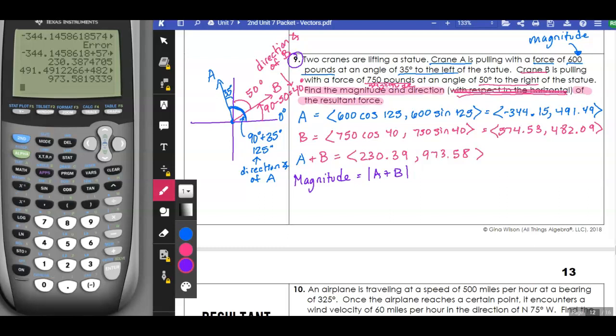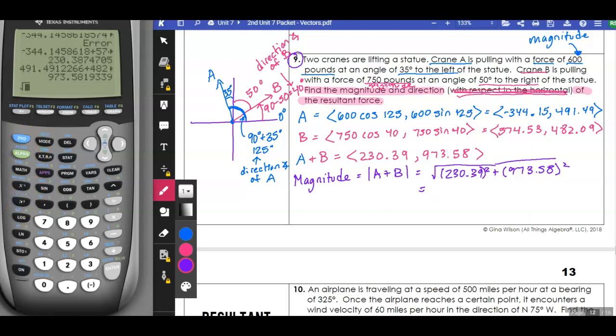So yes, we need to use the formula square root of our A term squared, which is 230.39 squared, plus our B term, which is 973.58 squared. And this gives us, let's see, square root of, and I'm going to go down, plus, and I get 1000.47.